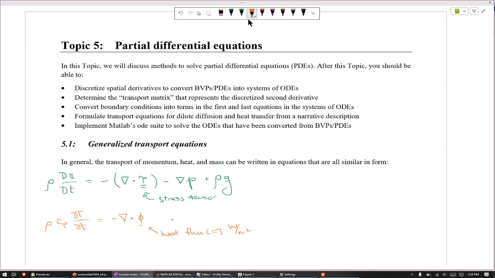And of course, you also have other heat source terms that could be in your heat transfer equation. Right, so that's heat transfer. And the previous one was momentum transfer.